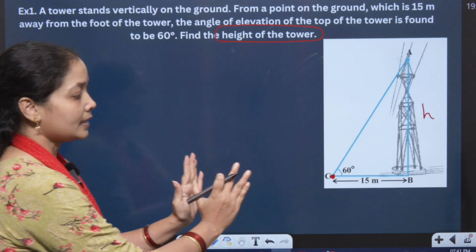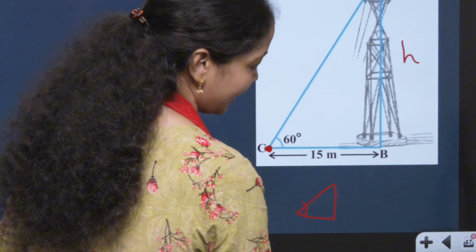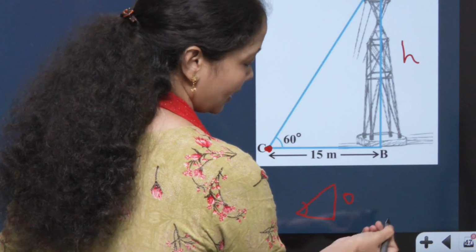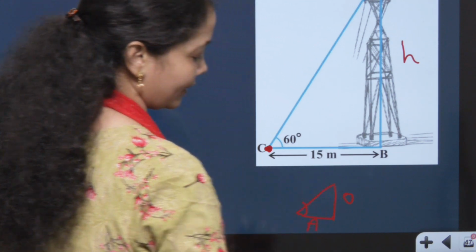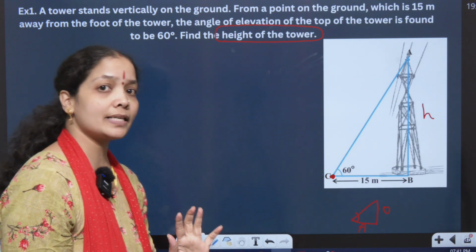For this triangle, my dear kids, draw a small triangle here. This is my angle. For this angle, opposite is to be found, and adjacent is given. O by A: opposite I have to find out, adjacent is given to me.